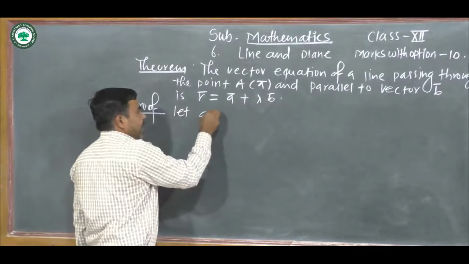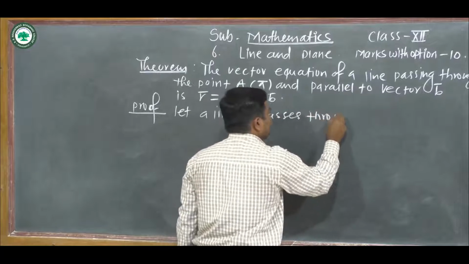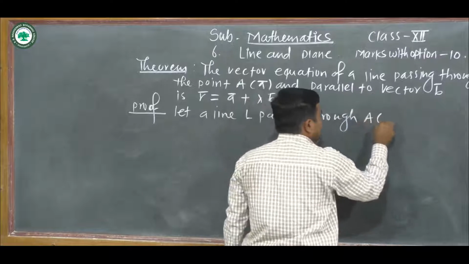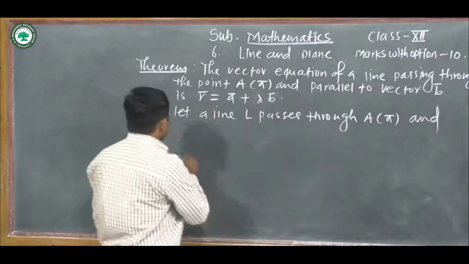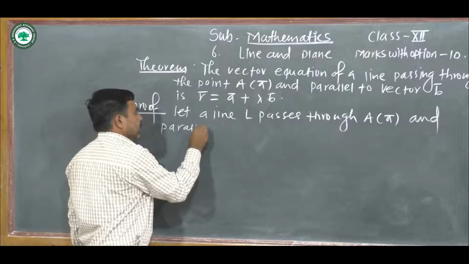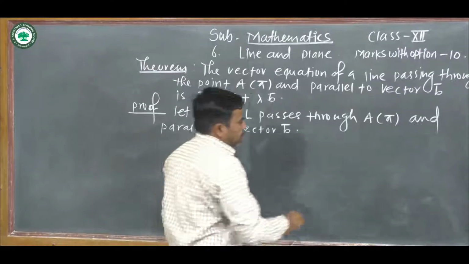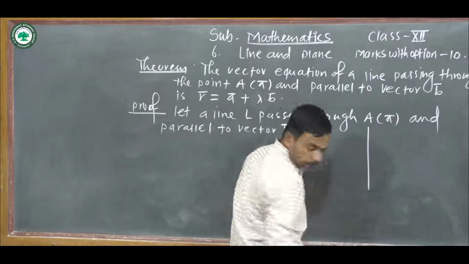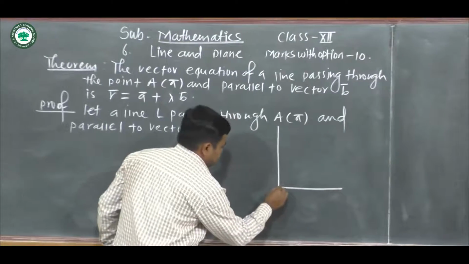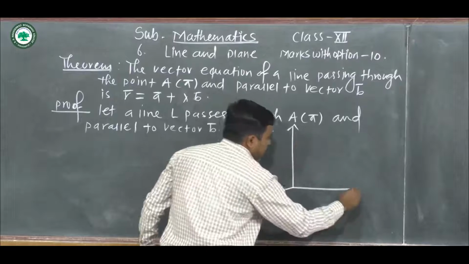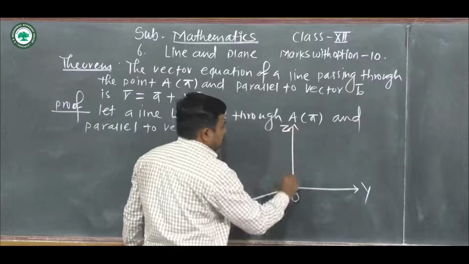Let a line L pass through point A with position vector A bar and parallel to vector B. X, origin, Y, Z. So your line is here.